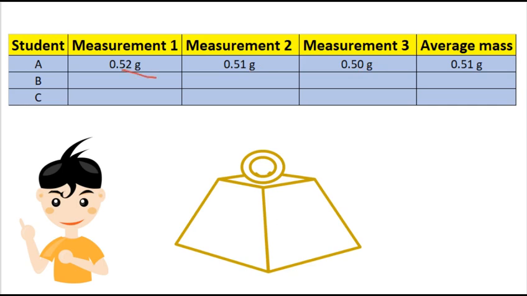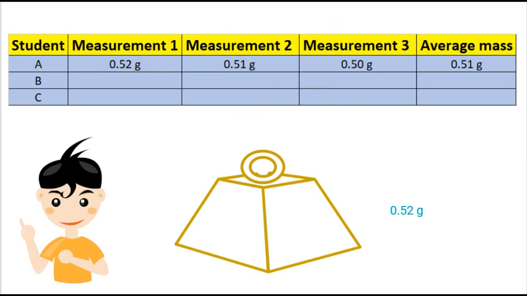So from his measurements we can conclude that his measured value is not close to the accurate value, and how much is the accurate value? The accurate value is 0.52 grams. Fine. So I can say the measurements he made are not accurate.